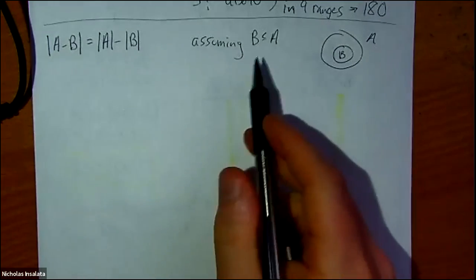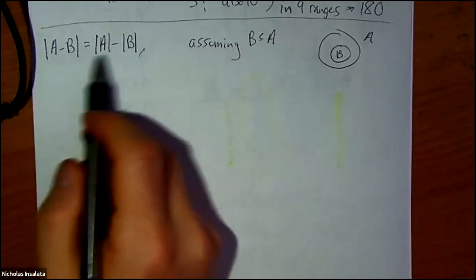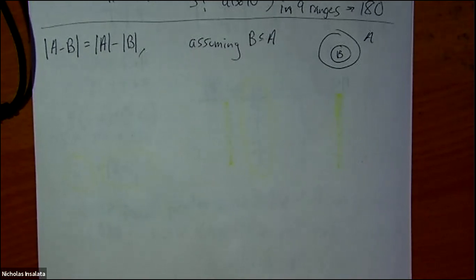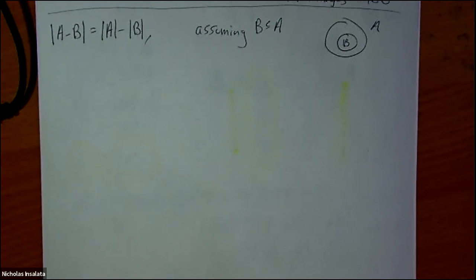Well, why is it important that B be contained in A? What if B was not contained in A? Would this still work? Yeah, if there were elements of B that were outside of A, that were not in A, those wouldn't get subtracted out, right?